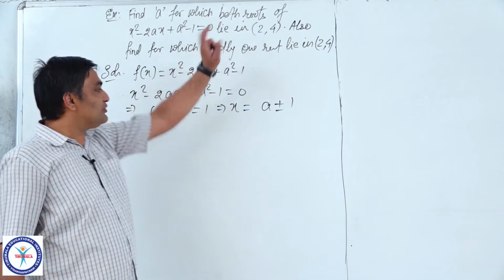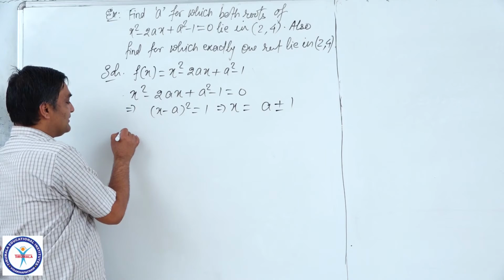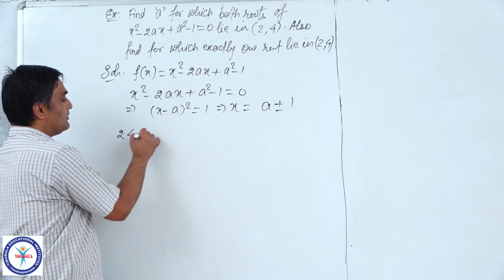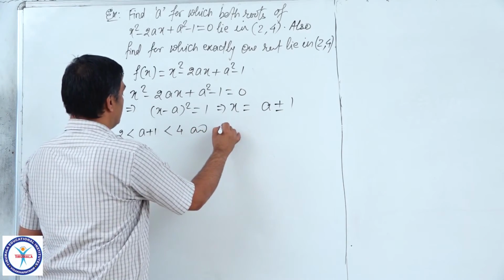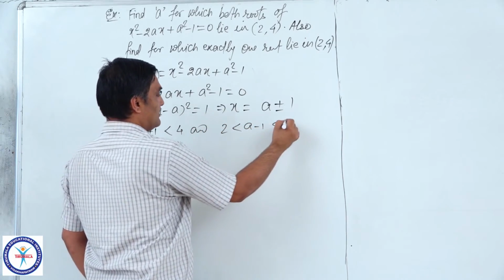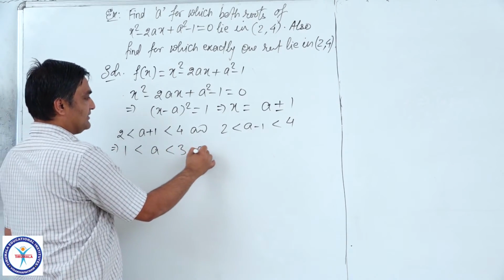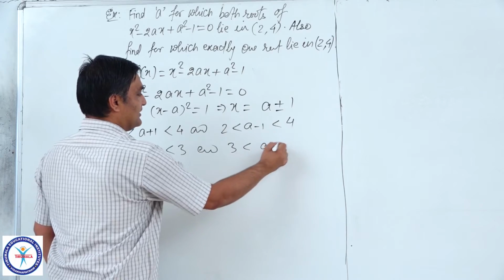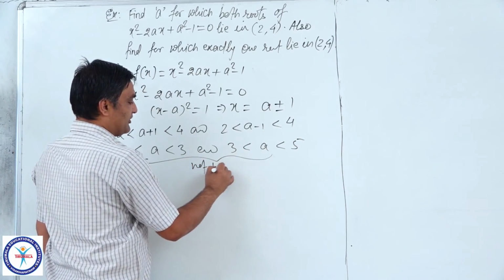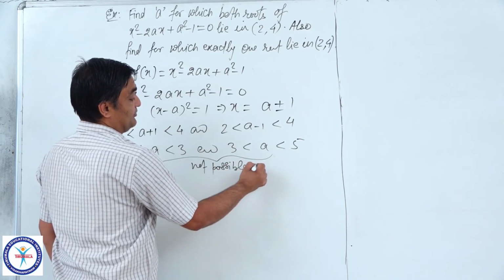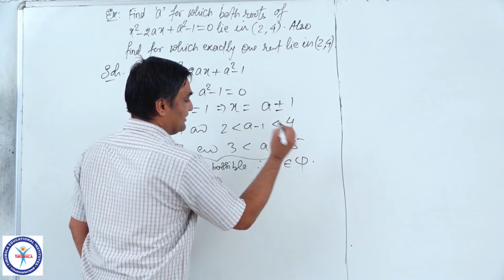So, both roots lying in 2 comma 4, we can say that here a is between 1 and 3 and here it is between 3 and 5. Not possible. It means a belongs to the empty set.